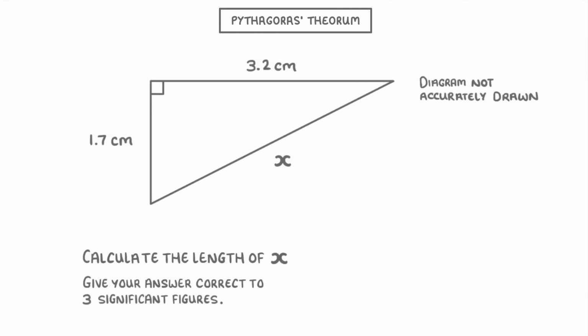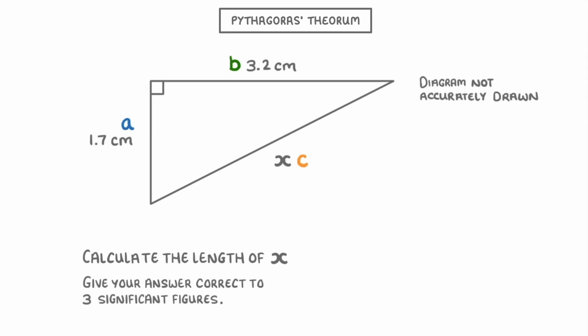Have a go at doing the same thing for this question. So again, we're trying to work out the length of an unknown side x. Just like before, the first step is to label our sides, so A, B, and C. And in this case, the unknown side is C, because that's our longest length.